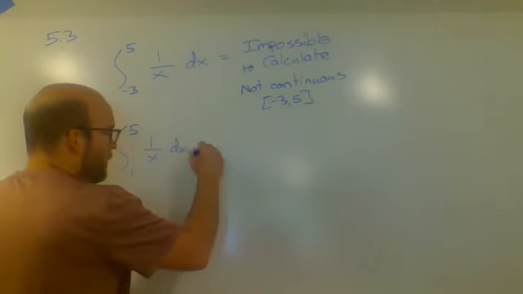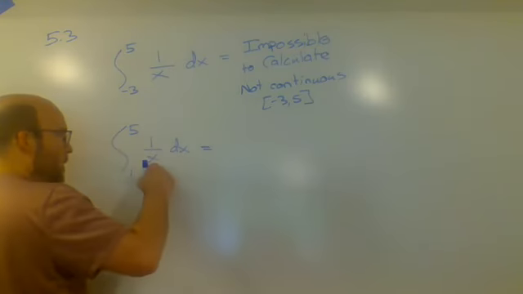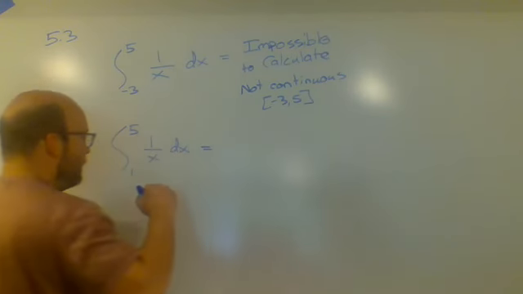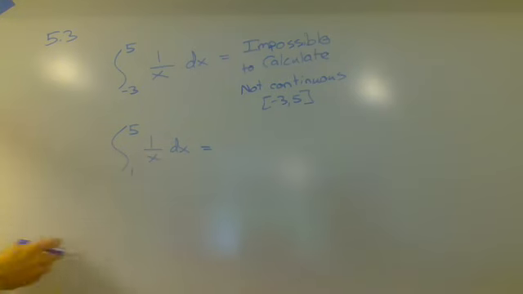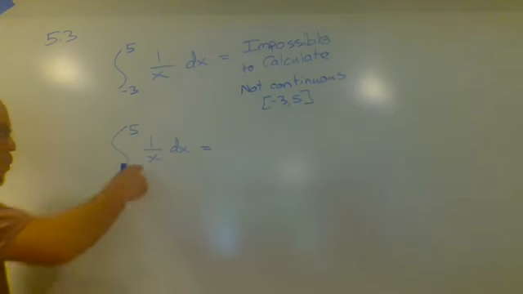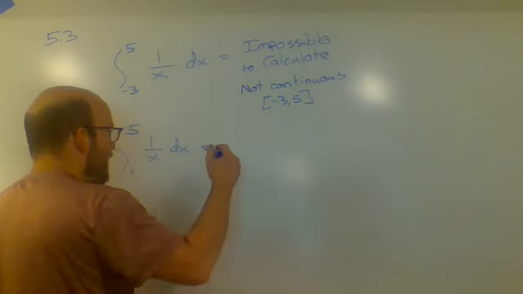Here we have to take the antiderivative of 1 over x, and be careful. You might be tempted to write this as x to the negative first, and then try to add one to the exponent and multiply by the reciprocal. But remember, when you do that, you end up dividing by 0. 1 over x is the one that gives you natural log.